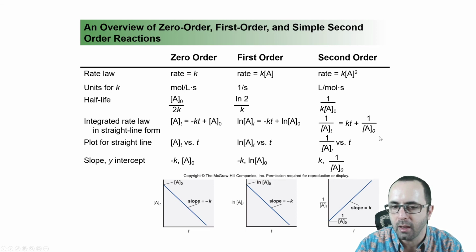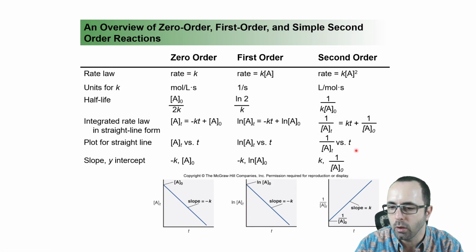And so we could check if a reaction is zero order, first order, or second order based on whether a graph is linear. If a graph of the concentration versus time is linear, that means you have a zero order reaction. If a graph of the natural log of concentration versus time is linear, that means you have a first order reaction.